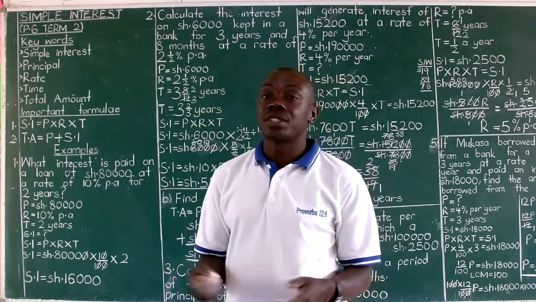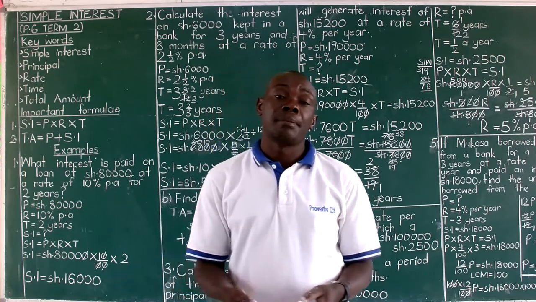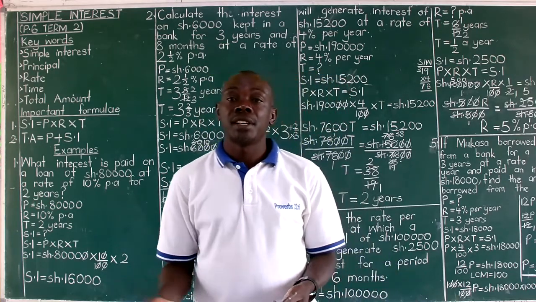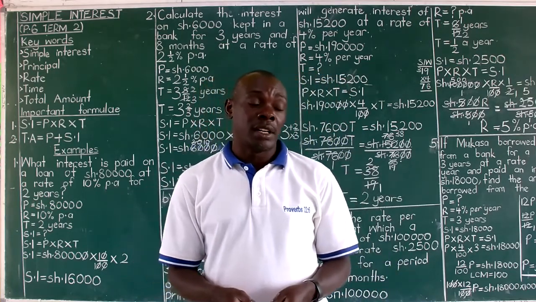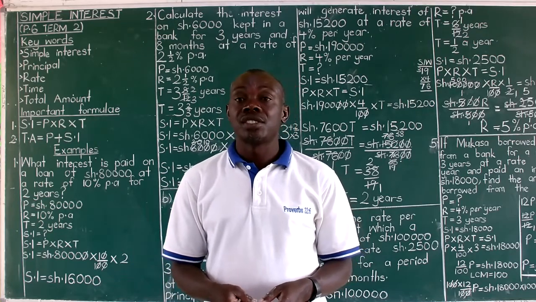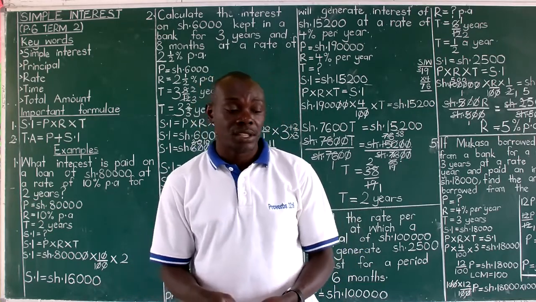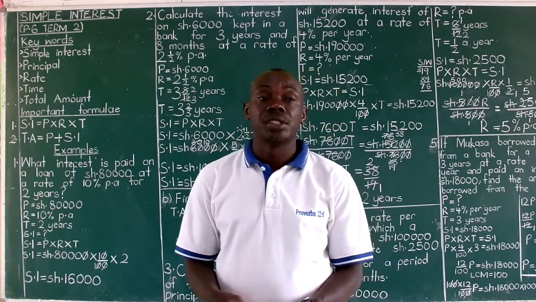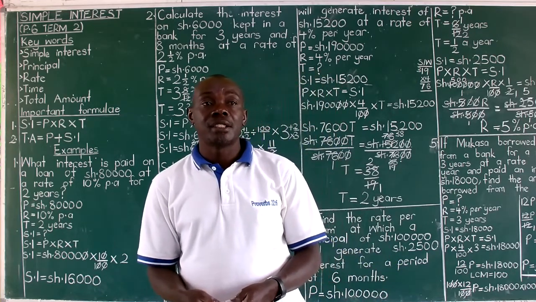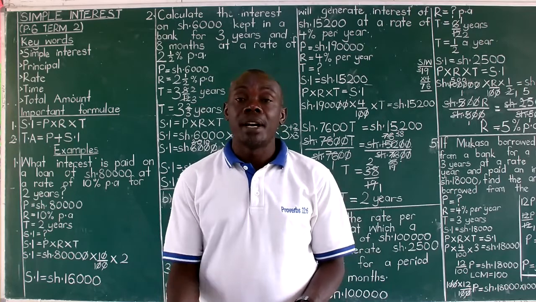Then simple interest. Simple interest is like profit. The profit accumulated after estimated time. So that is the excess amount of money one gets onto one's account after keeping that money into the bank.